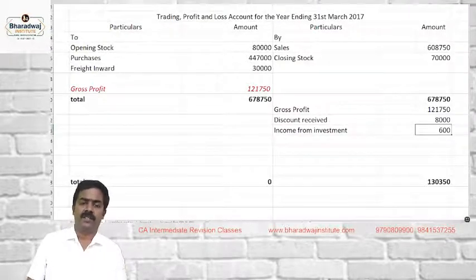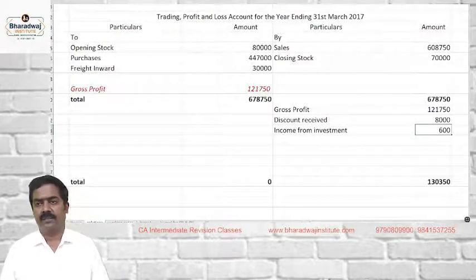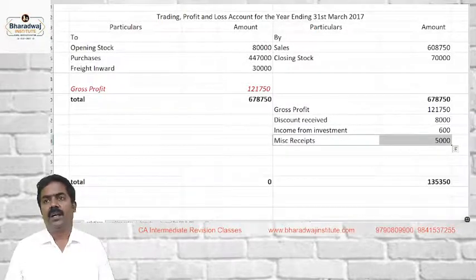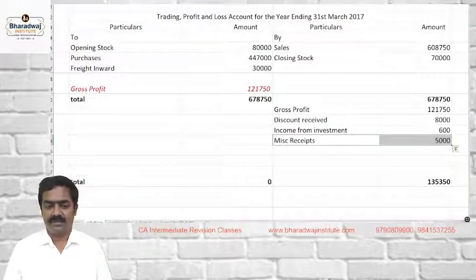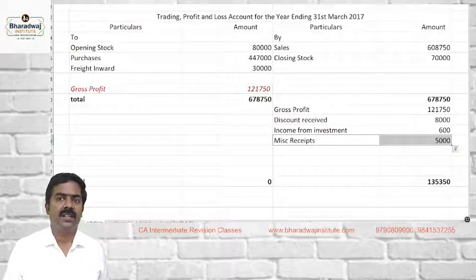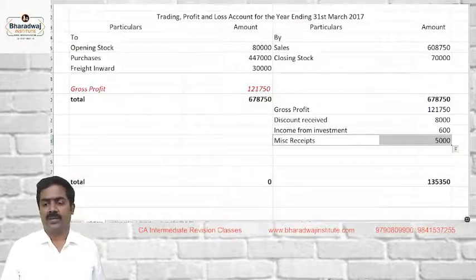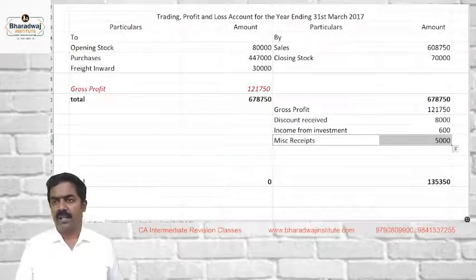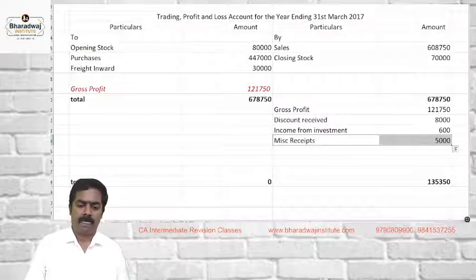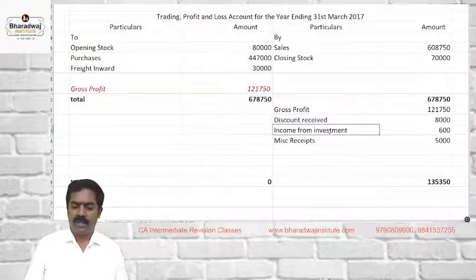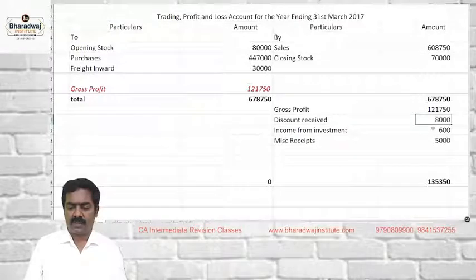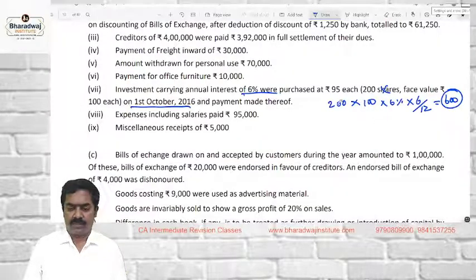Income from investments, 600. Then miscellaneous receipts are given separately. How much is given? 5,000. All these are incomes.